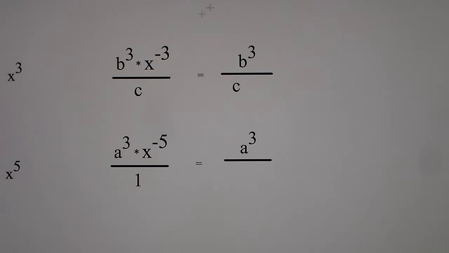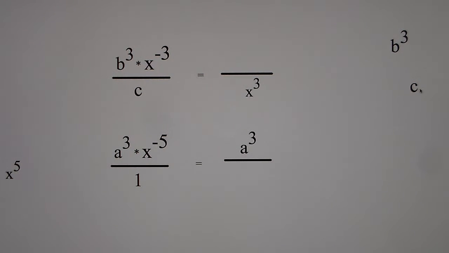So in this problem up here, we have b to the third times x to the negative 3 divided by c. Our goal is to get rid of that negative power. It's currently in the numerator, so we move it down to the denominator. So we have x to the third in our denominator.